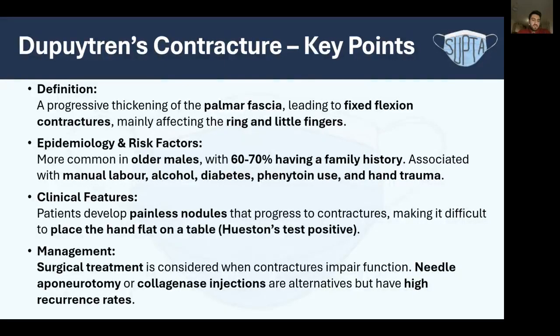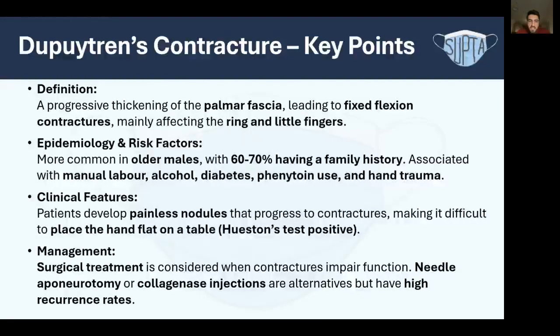The management is mainly surgical, when the contractures impair the function, although there are alternatives available, but they're not really the best option. So we tend to do operations on them.